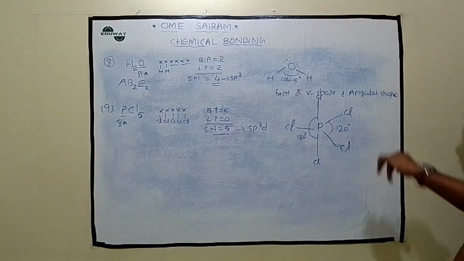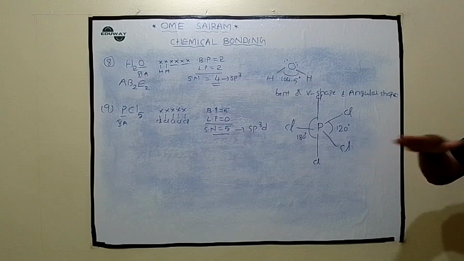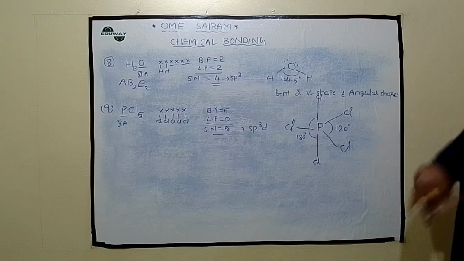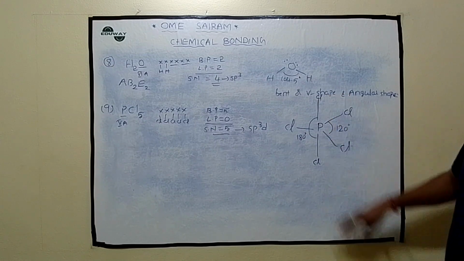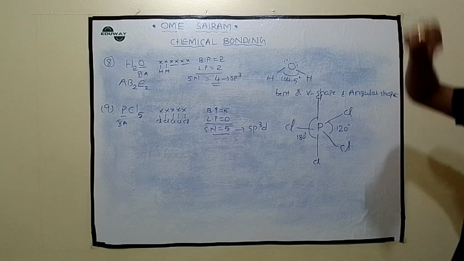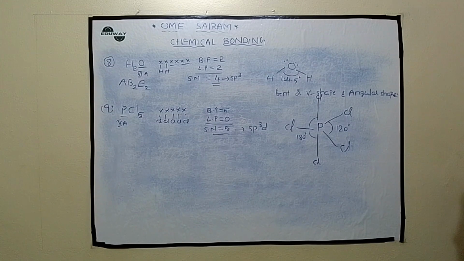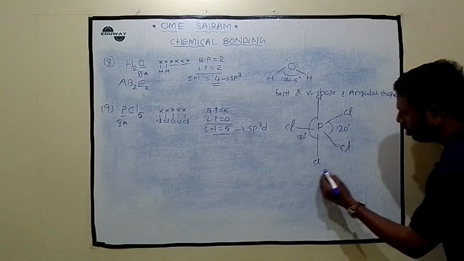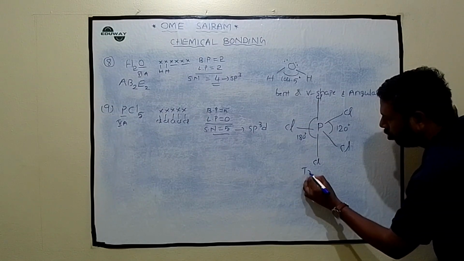Okay, in the PCl5 molecule, 3 chlorine atoms exist in equatorial position, that means in the same plane, and the remaining 2 chlorine bonds exist in axial position. So this is the shape, trigonal bipyramidal.